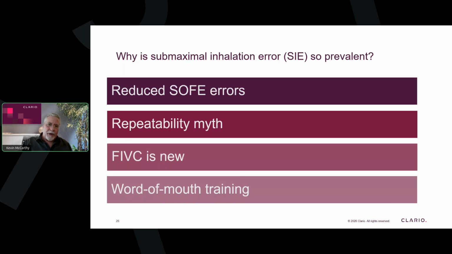There's also what I'll call the repeatability myth, and it goes like this. You can't get repeatable FVCs and FEV1s unless both efforts were started from full inflation. It's absolutely a myth, and I'll show you some data to support that. And the FIVC, keep in mind, it's new.